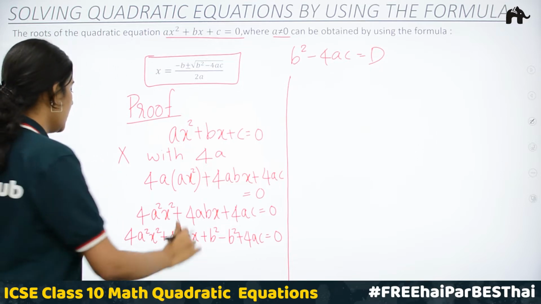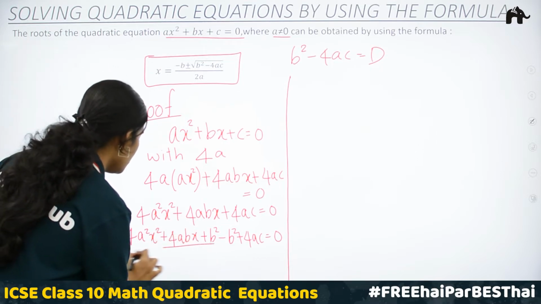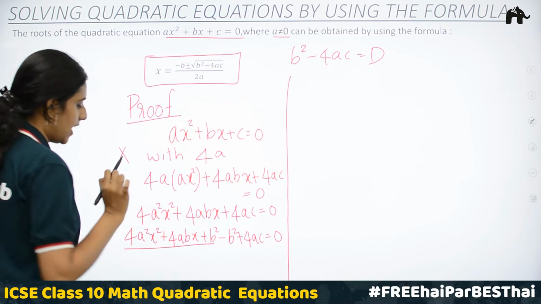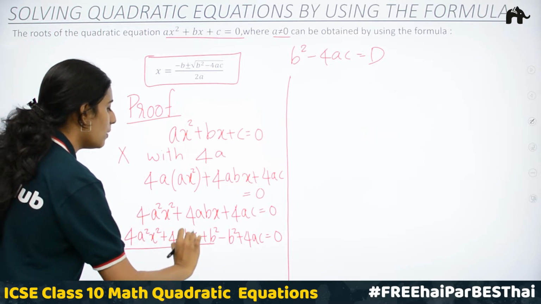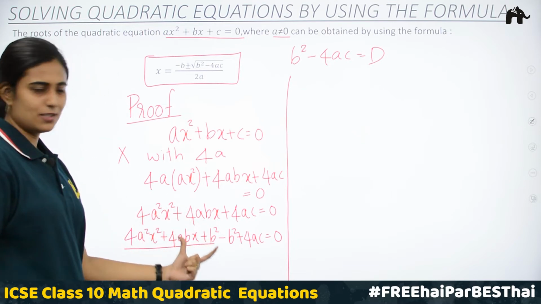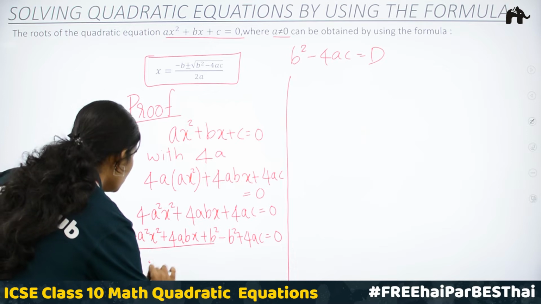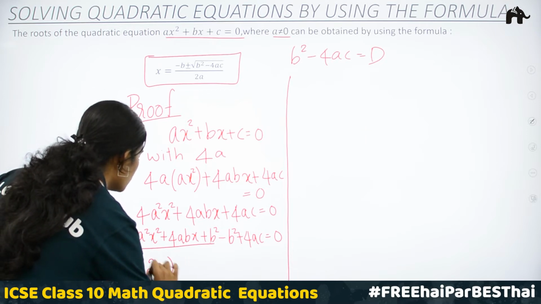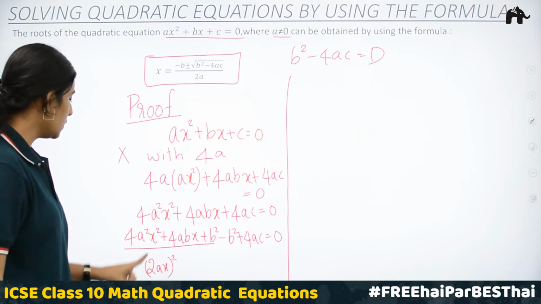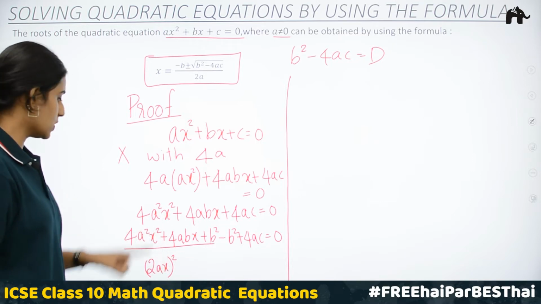Now, I am taking this together: 4a square x square plus 4abx plus b square. Just look at these terms. 4a square x square is 2ax whole square.